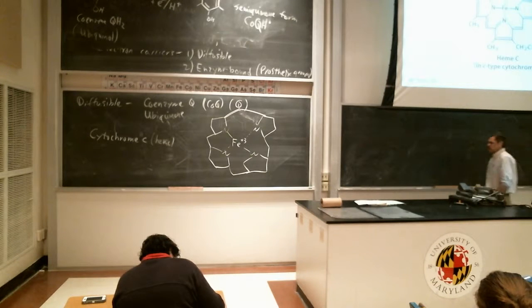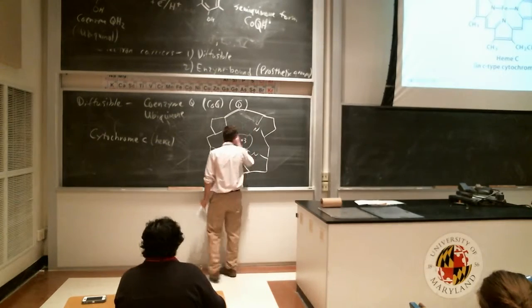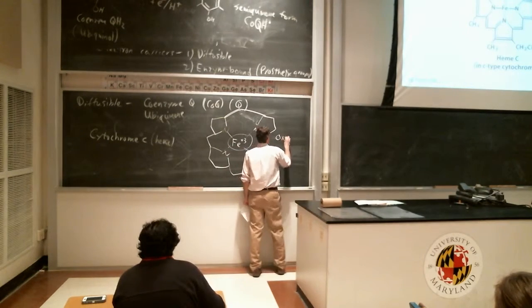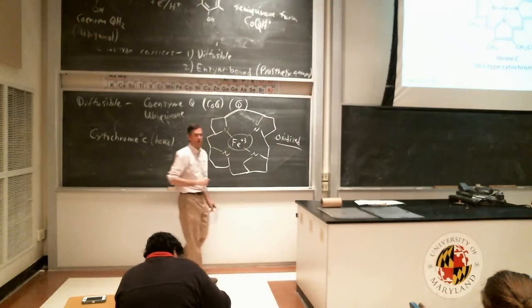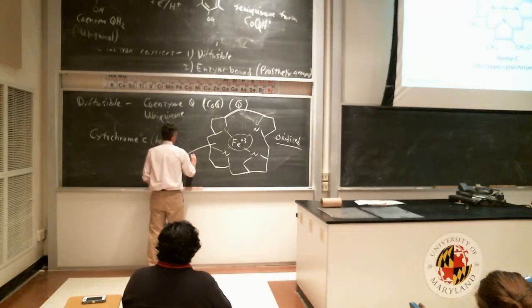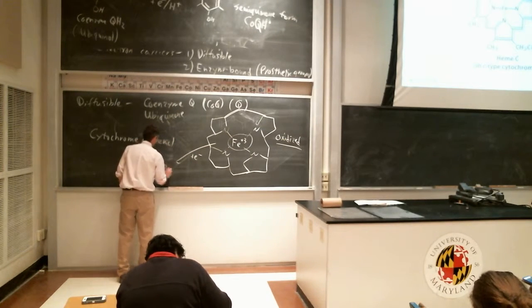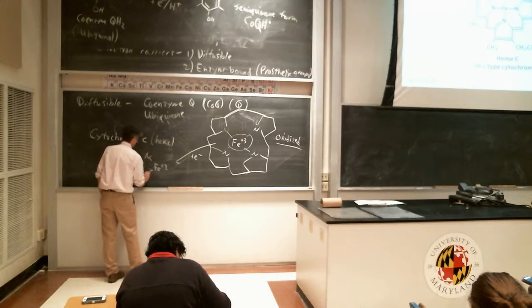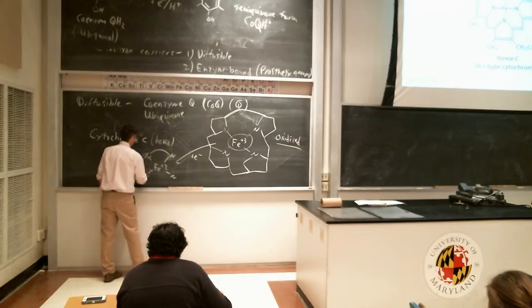Okay. So this is a partial structure of the heme with the iron, but this would be the oxidized form because the iron is in the iron plus 3 state, and this can accept one electron and be reduced to the iron plus 2 state, and that iron is still found in the center of the porphyrin.